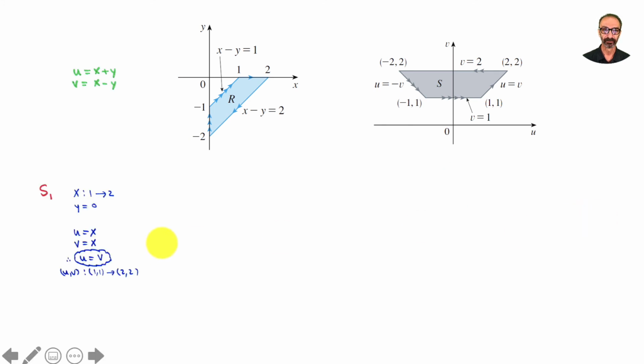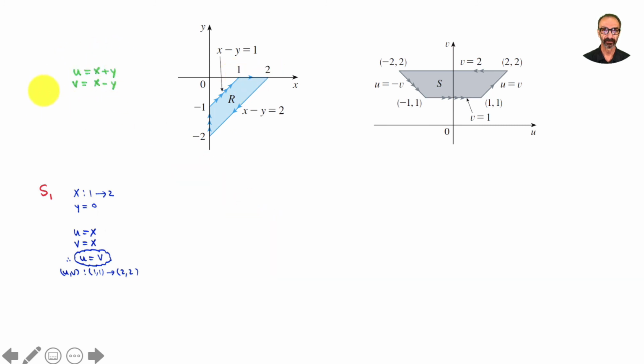So, looking at S1, that's the first part right here. When x changes from 1 to 2. Now you don't have to call this one S1, you could start here, but this is what the image says. To start from here, x changes from 1 to 2, y is 0 because we are on the x-axis.